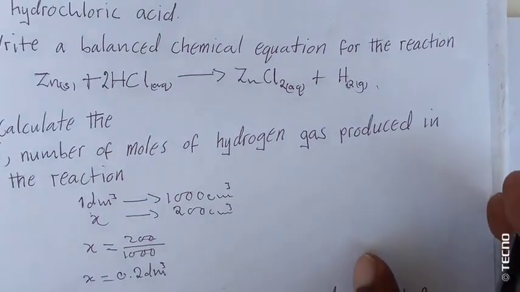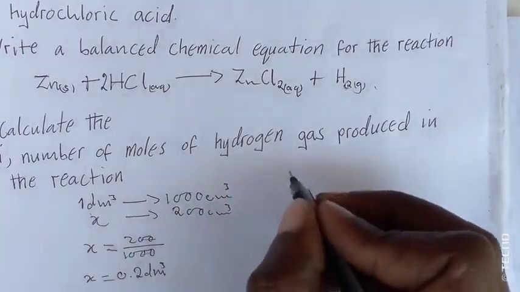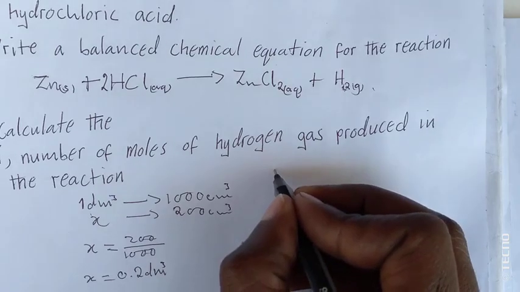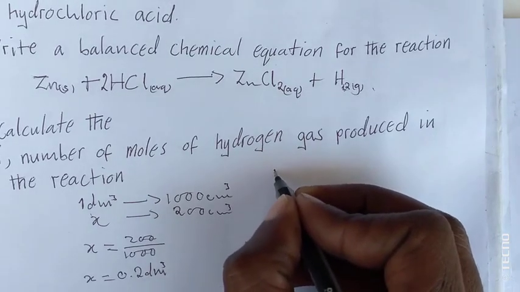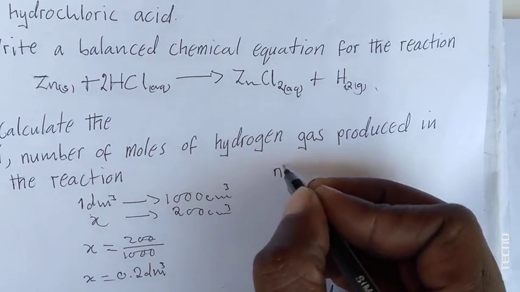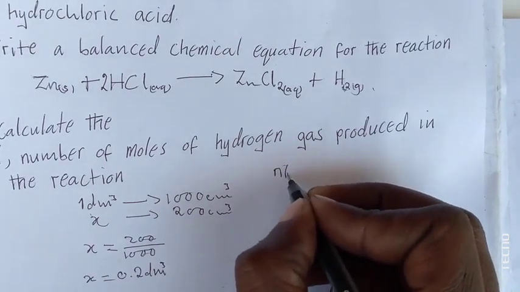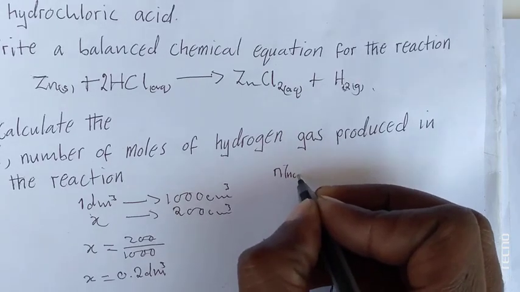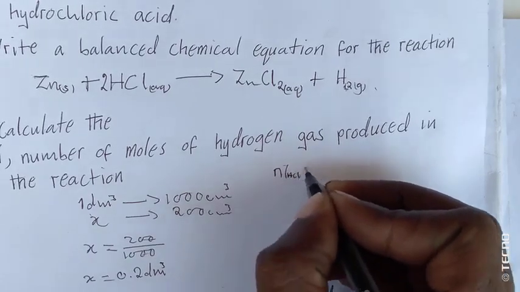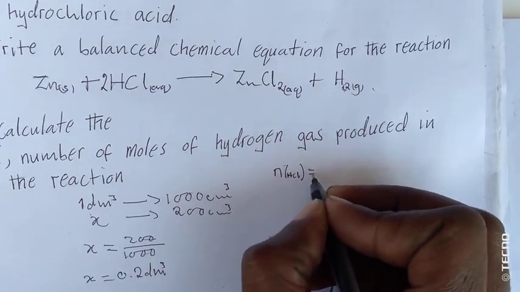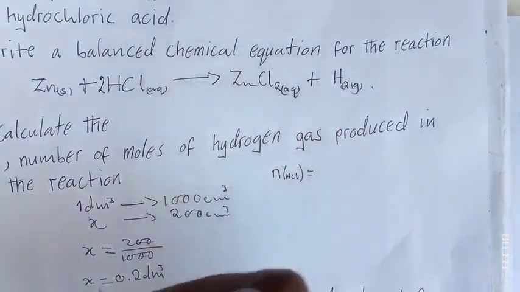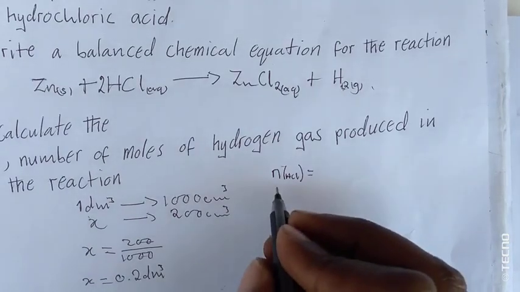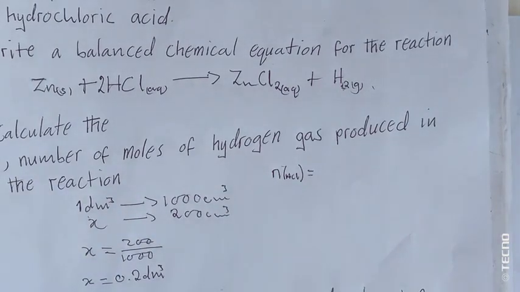So now to find the moles of hydrochloric acid, we'll say n for HCl is equal to, the formula that we are going to use.